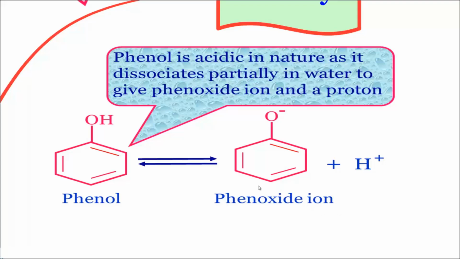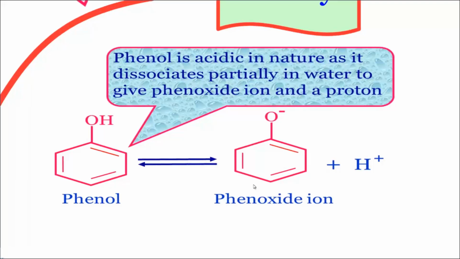The moment the phenoxide ion becomes unstable, it will take the H plus ion from the solution and become phenol. Compared to phenol, phenoxide ion is more acidic.